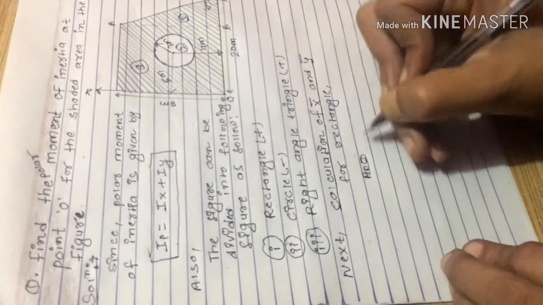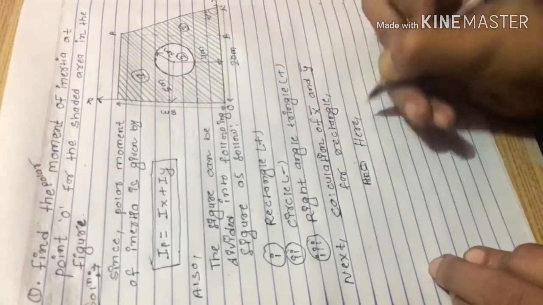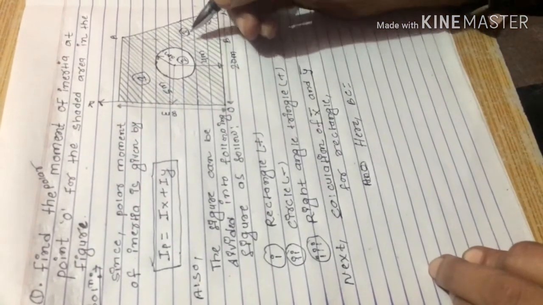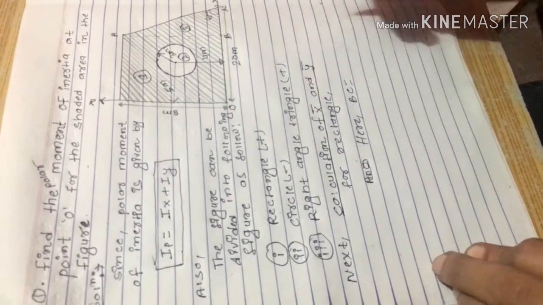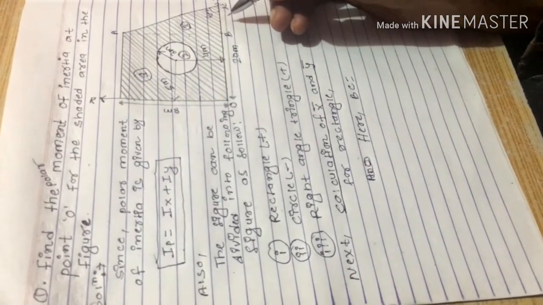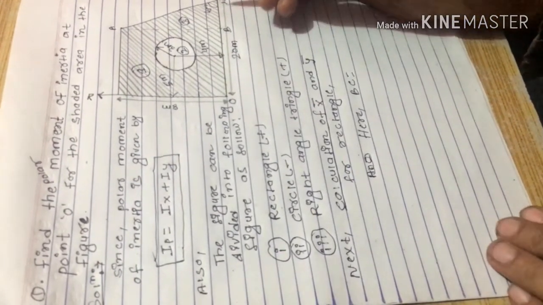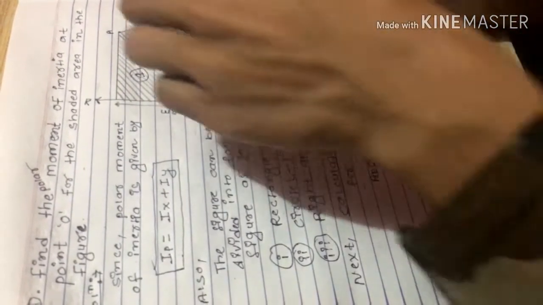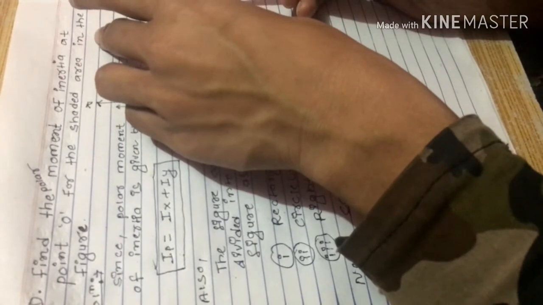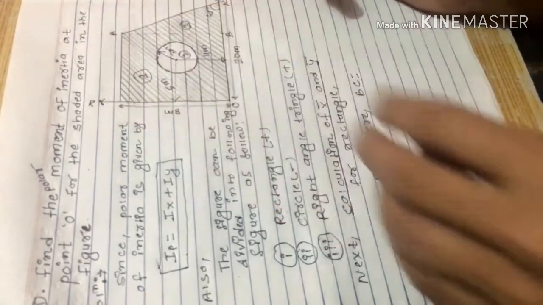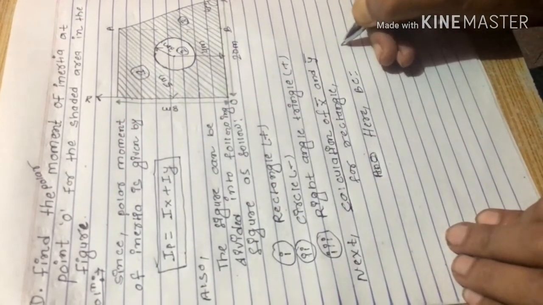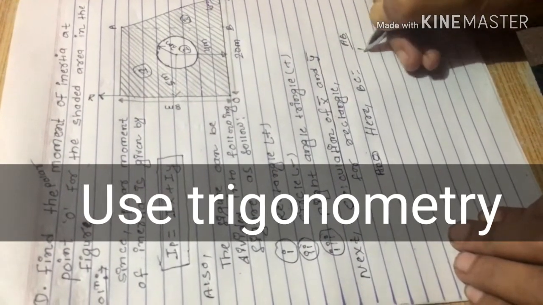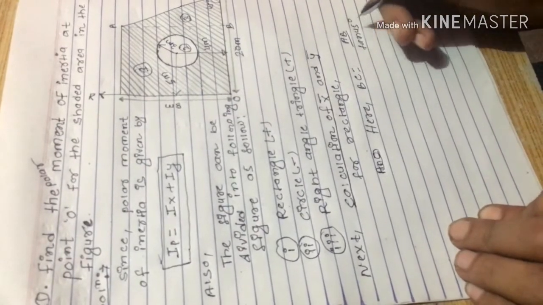Here tan 45 degree is equal to AB by BC, so BC is equal to AB by tan 45 degree.